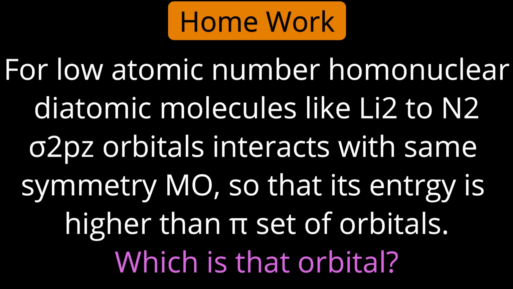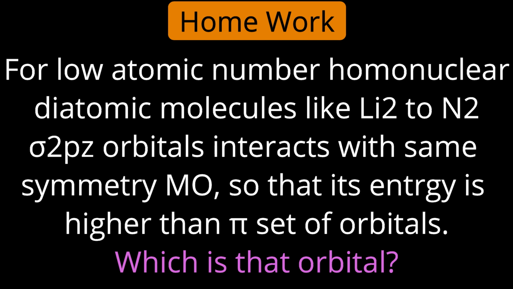We have studied the homonuclear diatomic molecules, their MO diagrams, and the molecules were from lithium to neon. But for low atomic number molecules, from lithium to nitrogen, we follow one kind of MO diagram, and from oxygen onwards, we follow the other kind of MO diagram. In low atomic number diatomic molecules, we say that sigma 2pz is of higher energy than the pi 2px or pi 2py orbitals.